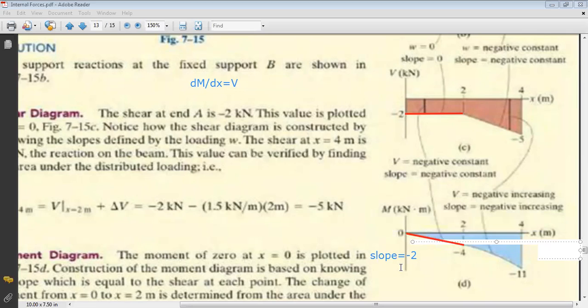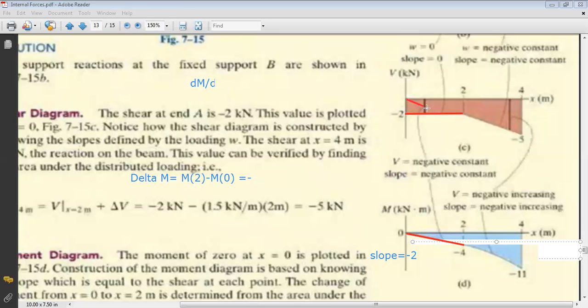Delta M, the variation of moment between these 2 points, is equal to the moment at point 2 minus the moment at x equals 0. It is equal to the area under the curve. But here, since V is negative, my area is below the axis, so I take a negative value, minus this area.